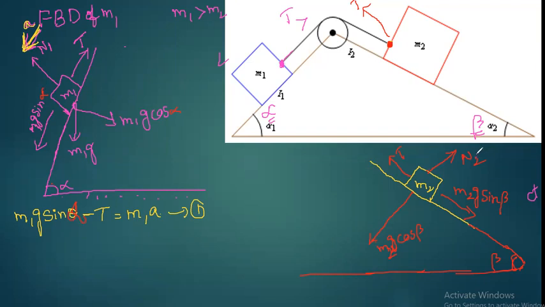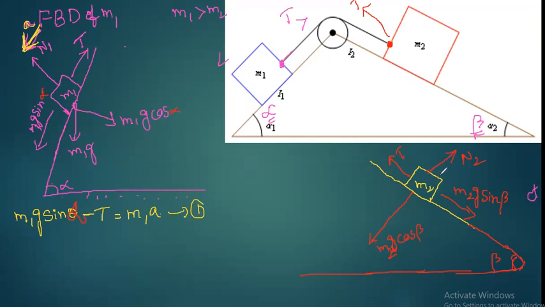In the before case, we took only one inclined plane, and with one inclined plane only one angle. That's why we took only a single normal force. Here we have two inclined planes, so two normal forces exist, correct? Very good. So now we have represented all forces, am I right or not?